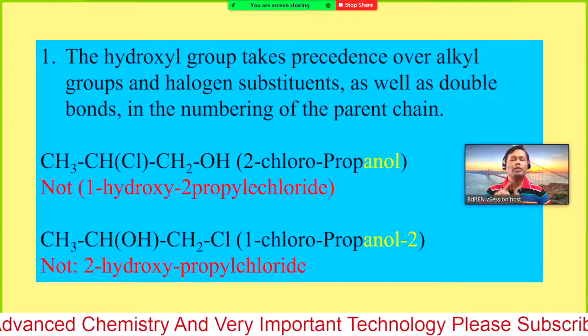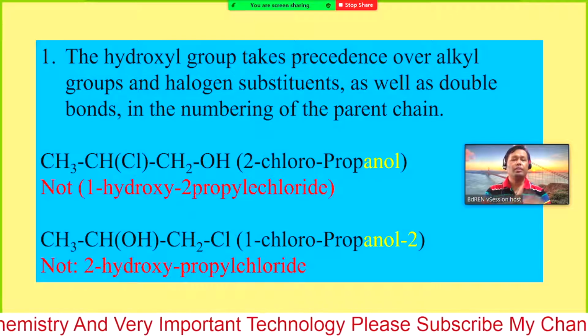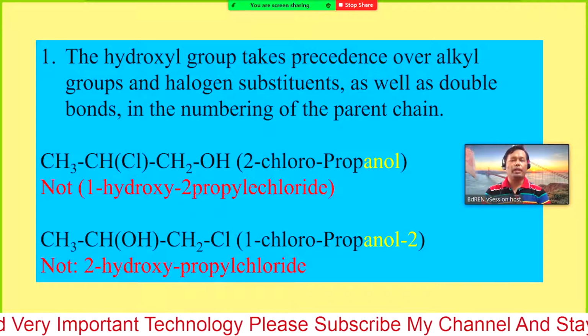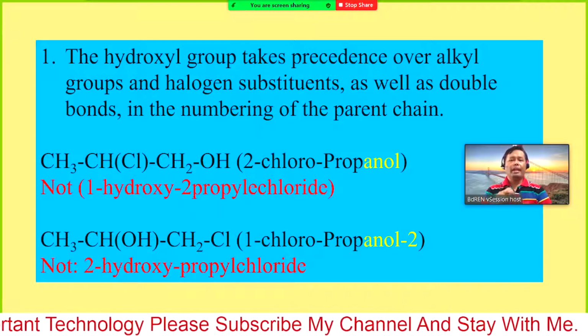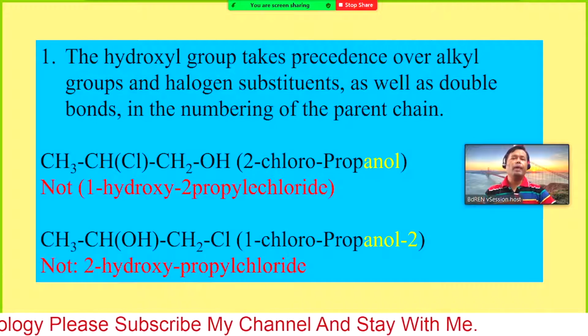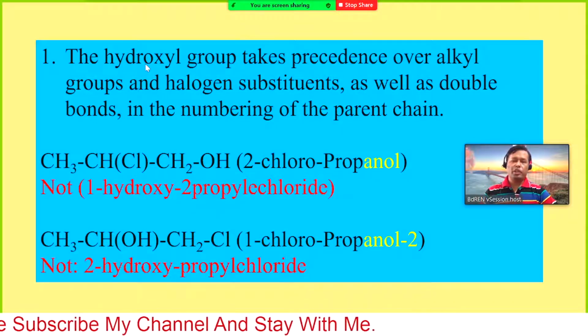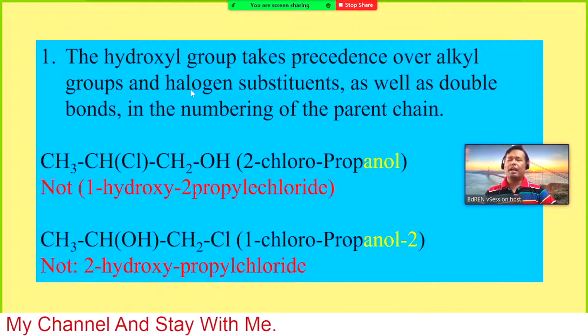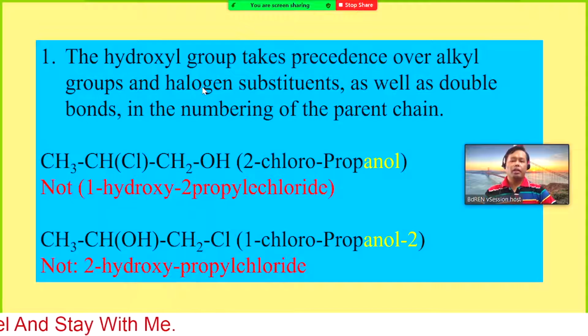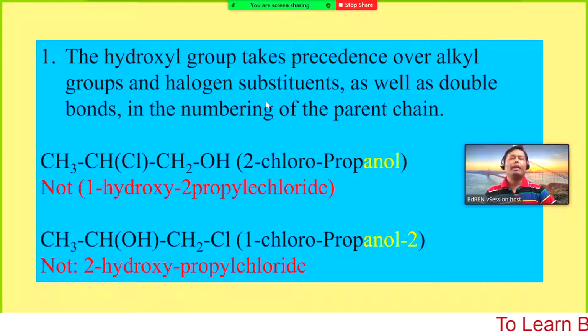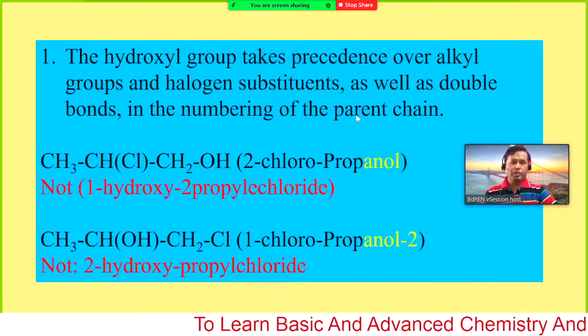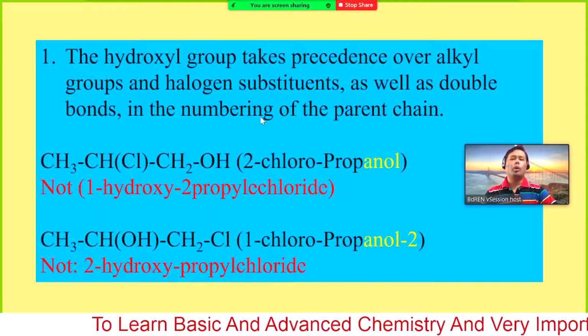You consider the compound as containing that functional group. So here, if you have a compound with a hydroxyl group, an alkyl group, a halogen, or even a double bond, you need to consider the compound as an alcohol.